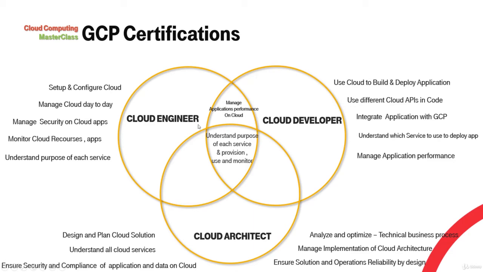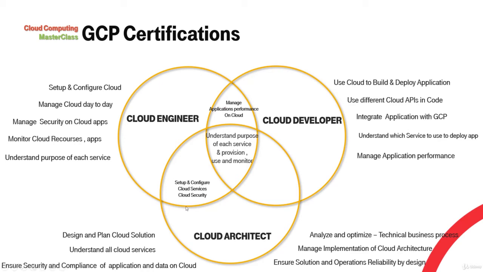If you look at cloud engineer and cloud developer, you need to manage the application performance on the cloud, and this is much more of a day in, day out job for these guys. A cloud architect will use some of the metrics, but not necessarily manage the application performance. He can guide those teams, but these are the teams who are actually responsible for looking at the application performance and making changes to the application.